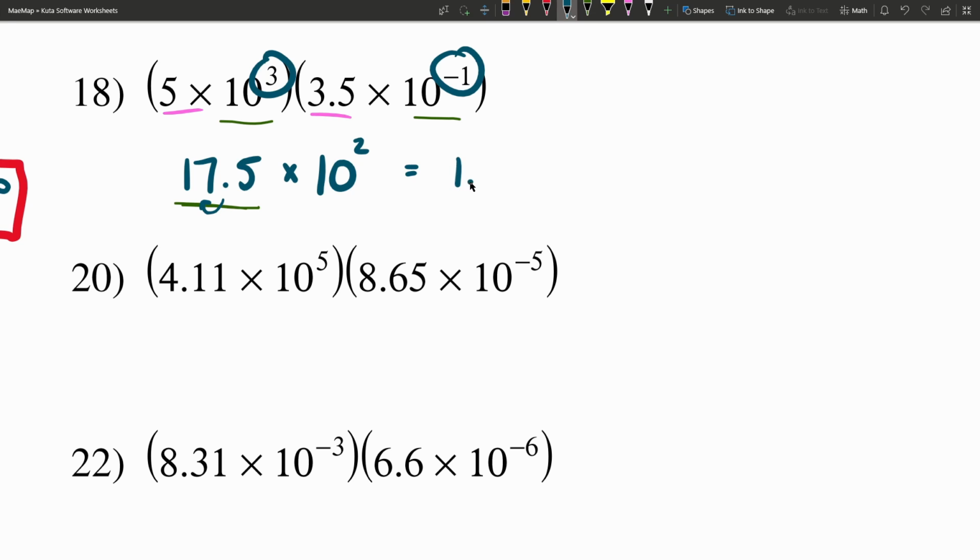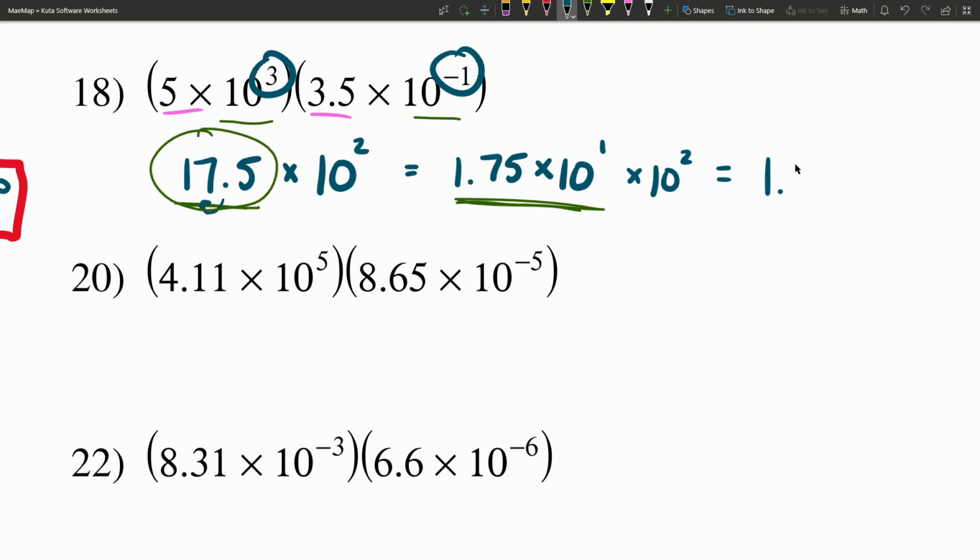So I would get 1.75 times 10 to the first. That is my 17.5. My 1.75 times 10 to the first, but I still need to multiply by 10 squared. Now I can write this as 1.75 times 10 to the 1 plus 2, or 10 cubed.